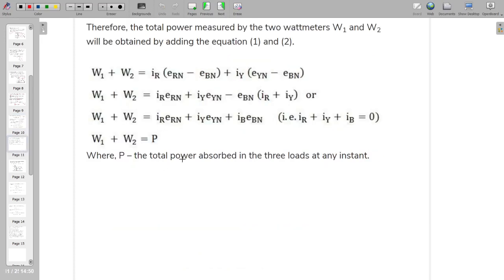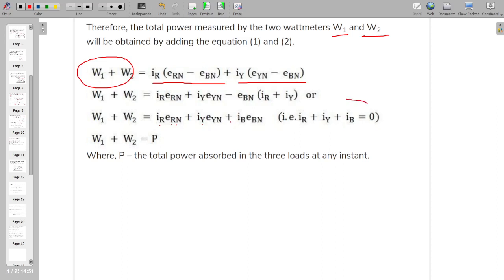Therefore, the total power measured by the two wattmeters, W1 and W2, is obtained by adding the two equations. So W1 plus W2, writing the corresponding equations of powers and simplifying, we finally get IR into ERN plus IY into EYN plus IB into EBN.